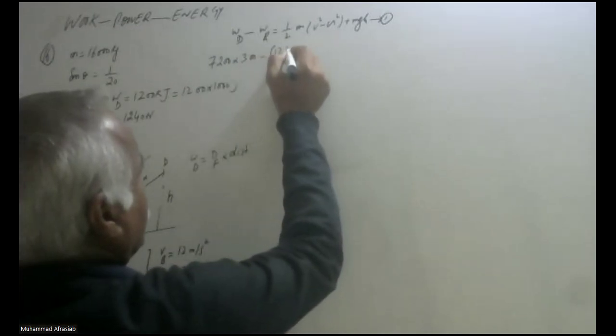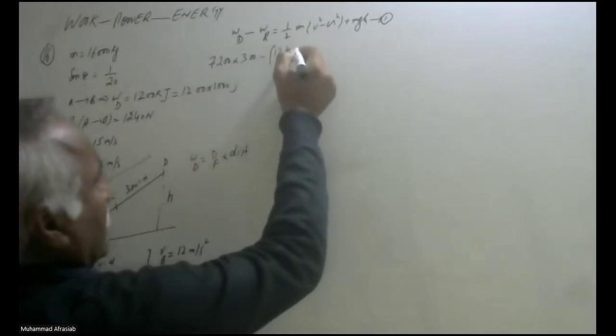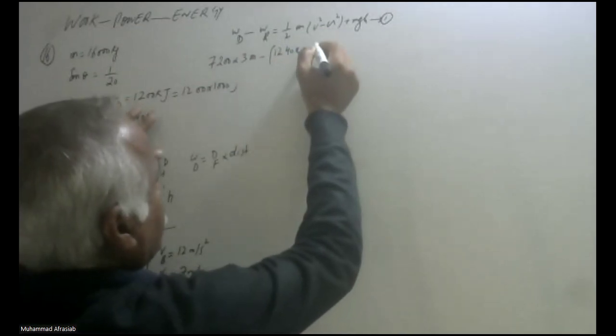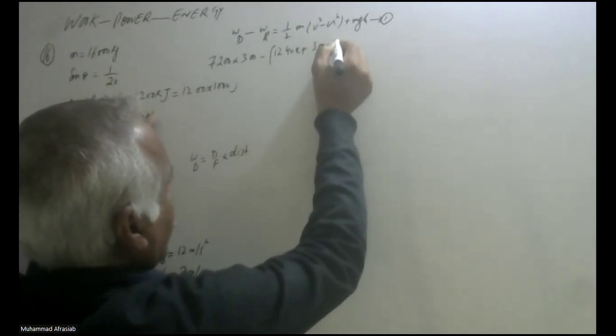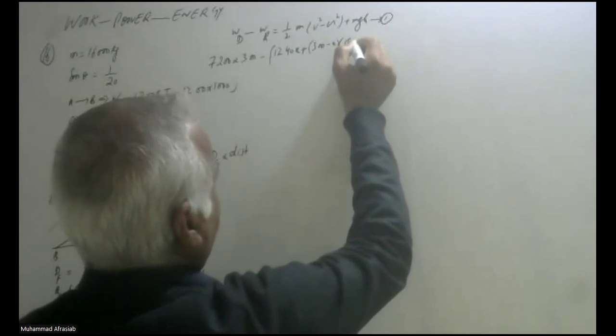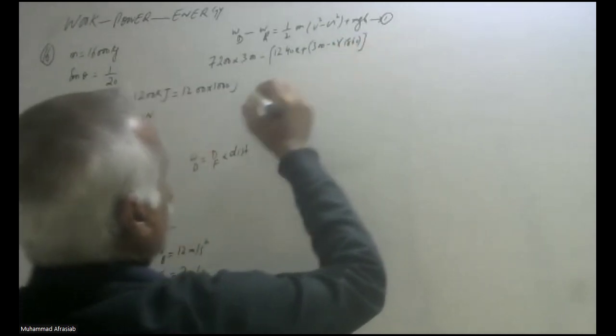One is from B to C, that force is 1240, and the distance between these two points is x, plus 300 minus x times the force there, which is 1860. So this is the total work done against the resistance. One is in the first part and the second is the next part from C to D.